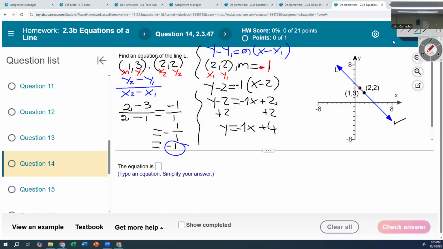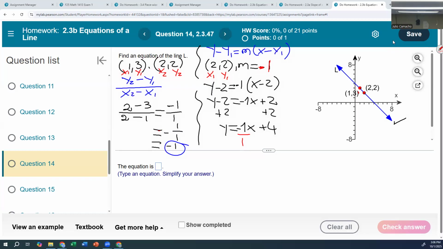This point is 1, 3. And because the slope is 1 over 1, we go down 1 and run 1, and that is 2, 2.